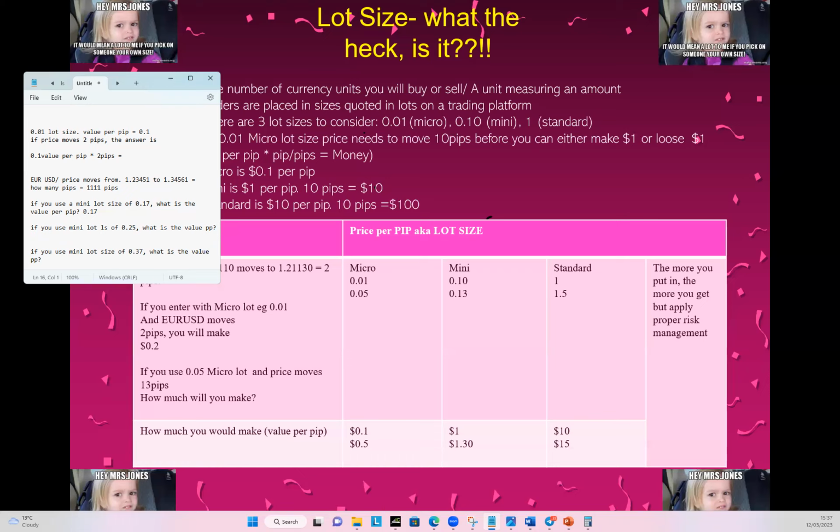You ready for the answer? What's your answer for the 37? You want me to write it down? Or you can say it. If you use a mini lot size of 0.37, what is the value per pip? That will be 411.07.